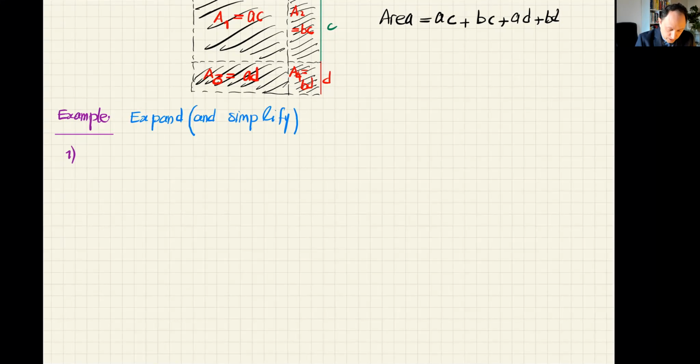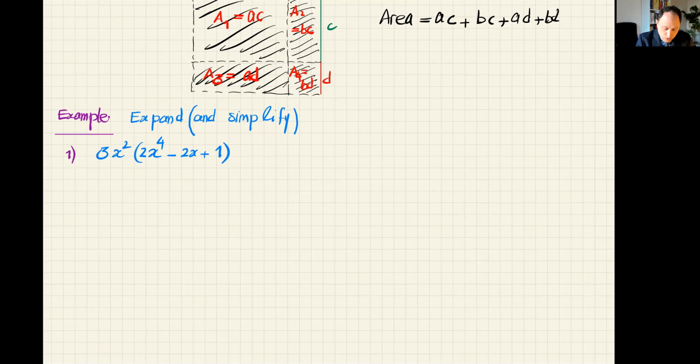So if I have 3x squared times (2x to the 4 minus 2x plus 1). I don't start with very, very simple examples because those are from Math 1C. Let us start from here. I want to multiply this expression.